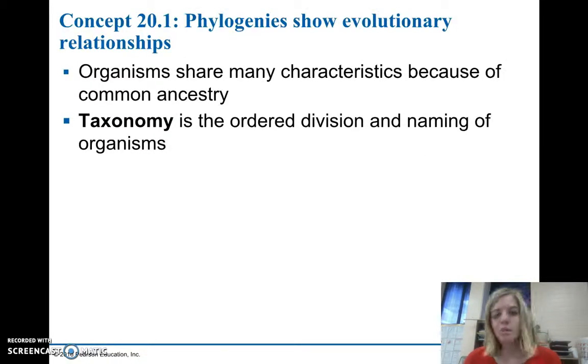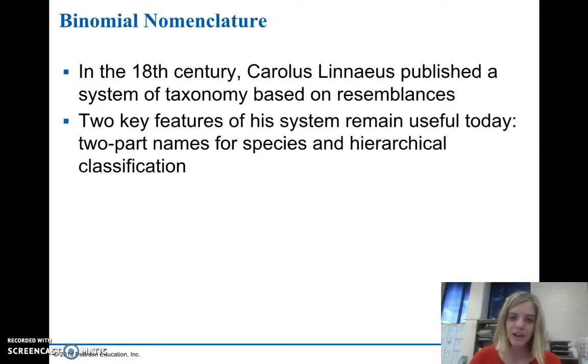So in 20.1, we get used to seeing a lot of terminology, and we know from evolution and our study of descent with modification that when organisms share characteristics, it indicates they probably have a common ancestor. So through the process of taxonomy, we are able to order and name different organisms, and we do a lot of this based on their relationships with each other.